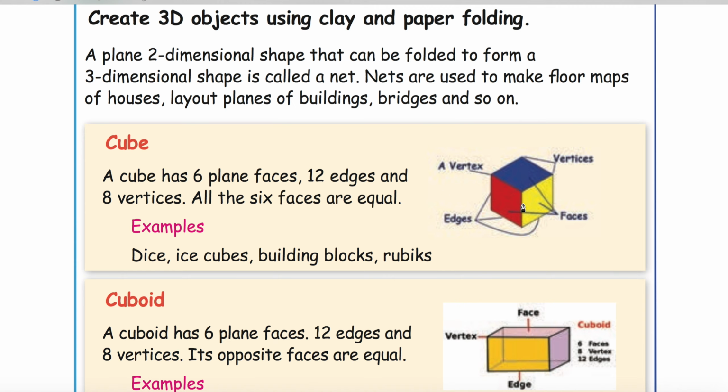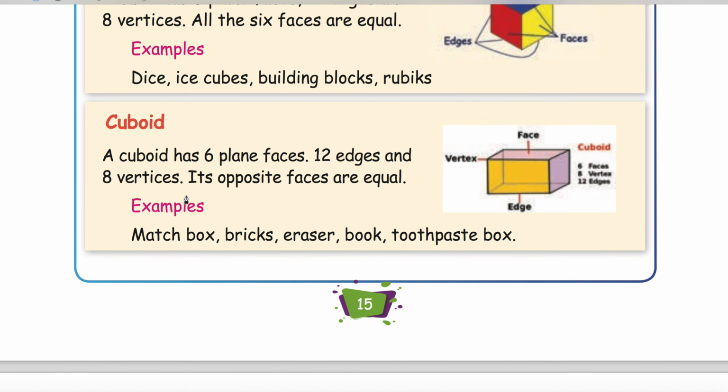These are edges, 1 2 3 4, like that. 4 here, 4 at the back, 8. Okay, 9 10 11 12. 12 edges and 8 vertices, 1 2 3 4 5 6 7 8. Okay, examples: dice, ice cubes, building blocks, Rubik's cube.